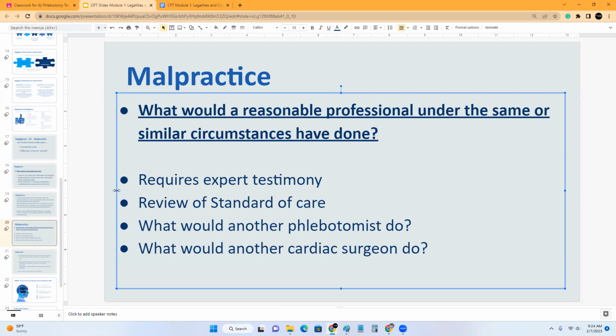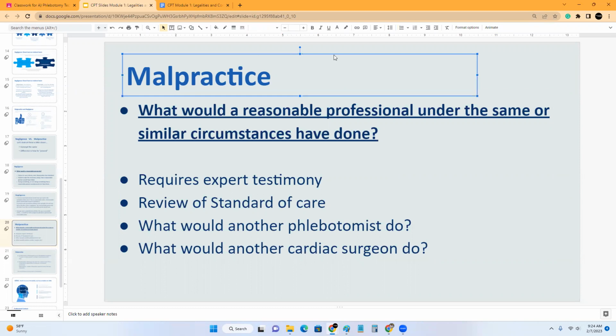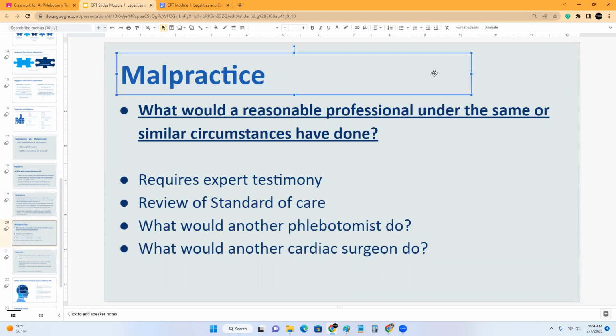This person had underlying conditions. This was not the right standard of care. They never should have done this procedure in this manner. That is malpractice. Expert testimony is required, or somebody in the same profession, to decide if those were the proper steps. Negligence, an average person. Okay.